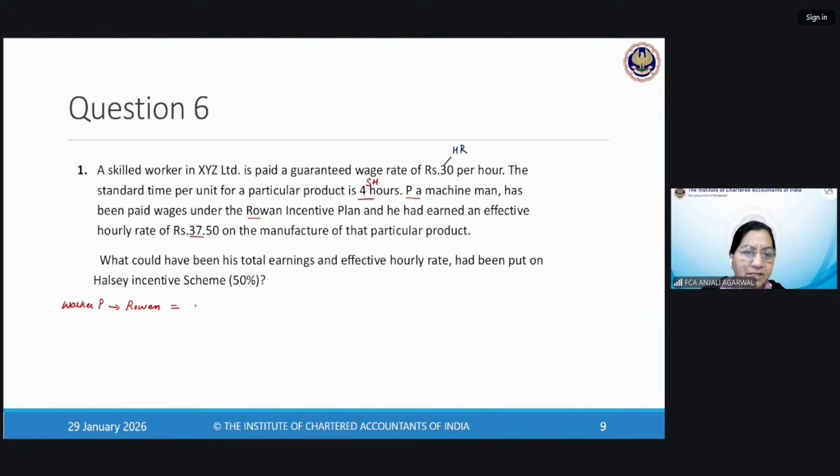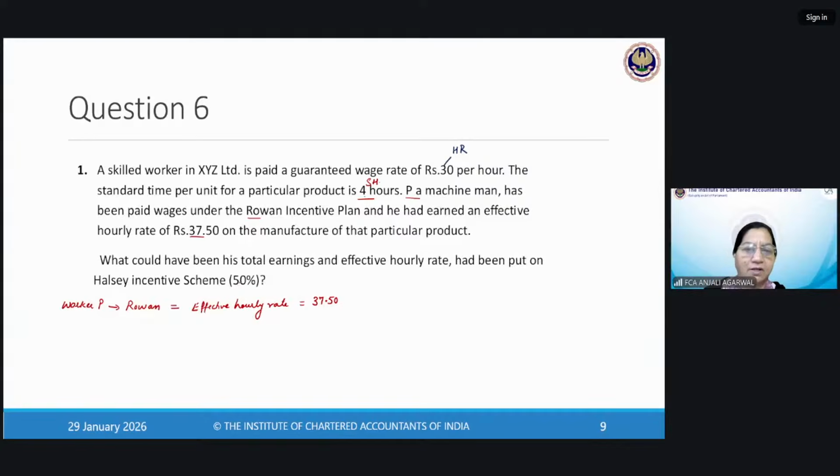And as per that, his effective hourly rate comes out to be 37.50. So your question is, what would have been his total earnings and effective hourly rate had he been put on the Halsey incentive scheme 50%?